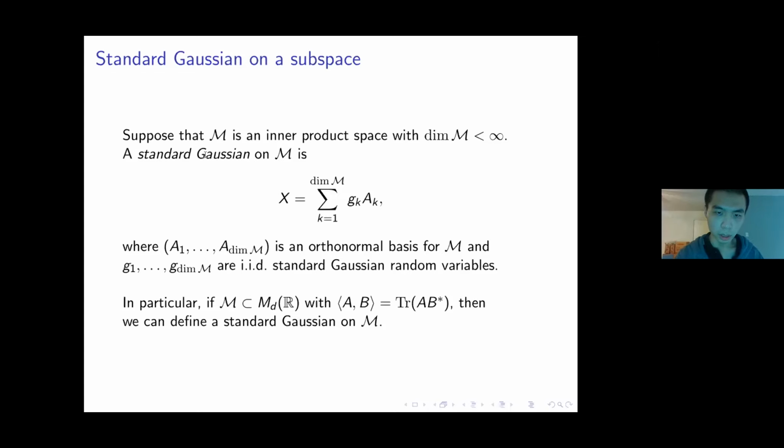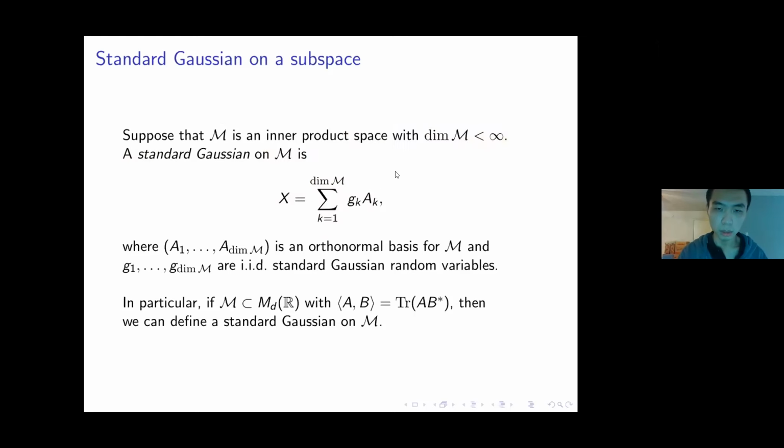So this is the standard Gaussian on an inner product space. Take any orthonormal basis for a given inner product space M, and then take IID standard Gaussians. Sum them up, this linear combination of the A_k, the orthonormal basis, with coefficients being the IID standard Gaussians.